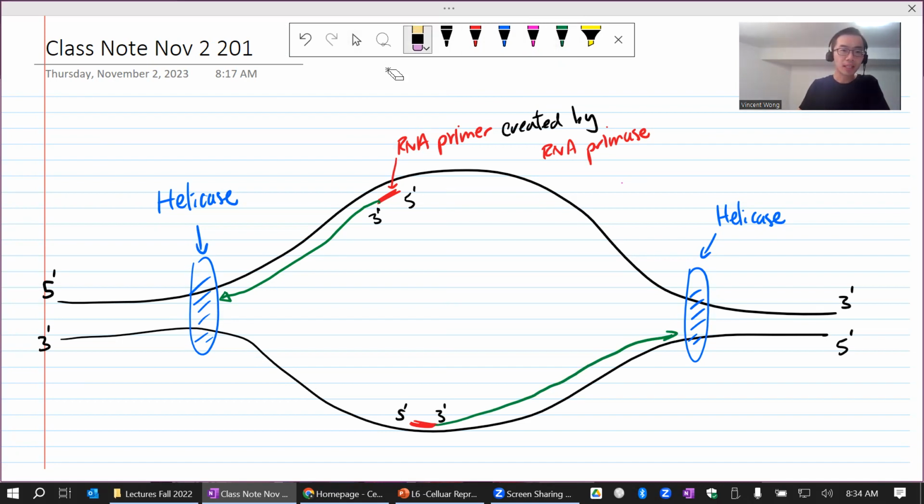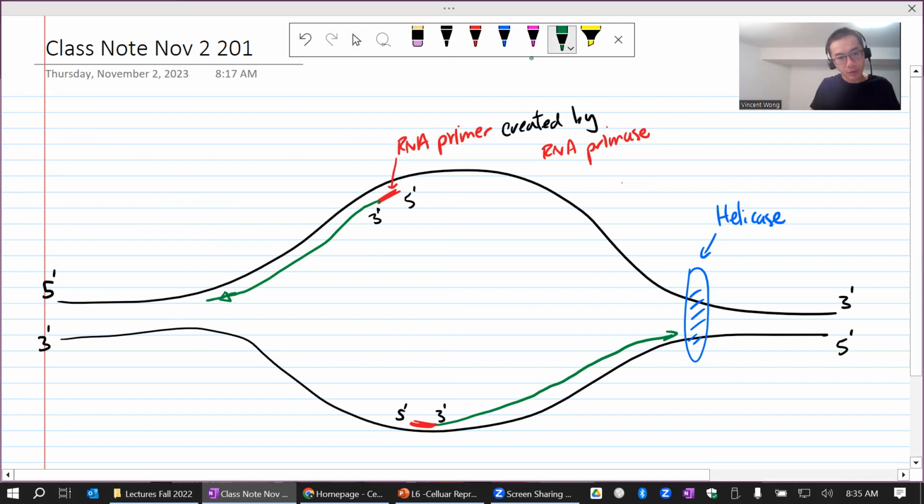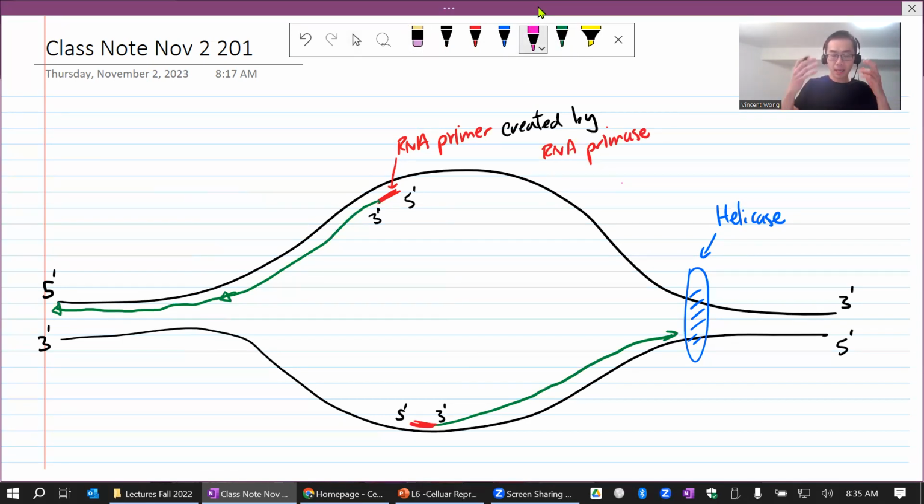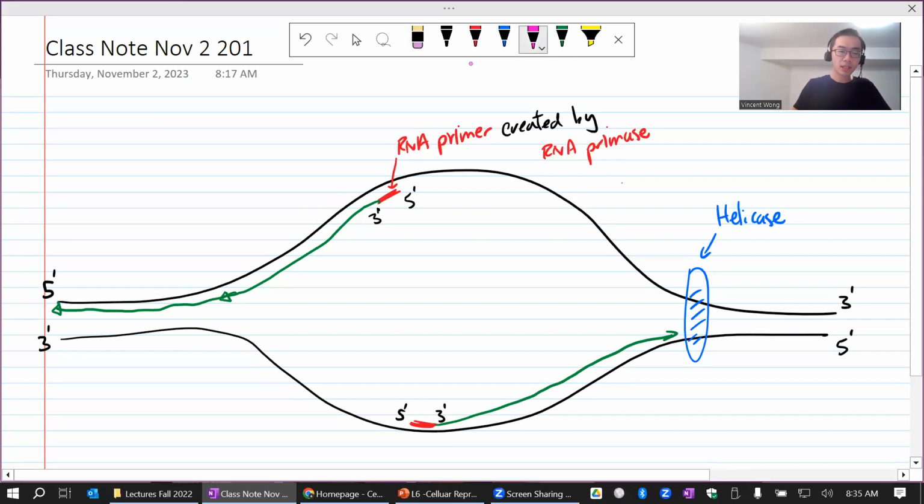So I'm going to remove the helicase here for a second. What happens is when the helicase opens up more of the bubble, the top strand is able to continue to keep copying until the very end, right? So this top strand that is being synthesized continuously in one single strand with no break, you might remember that's called a leading strand. Okay?